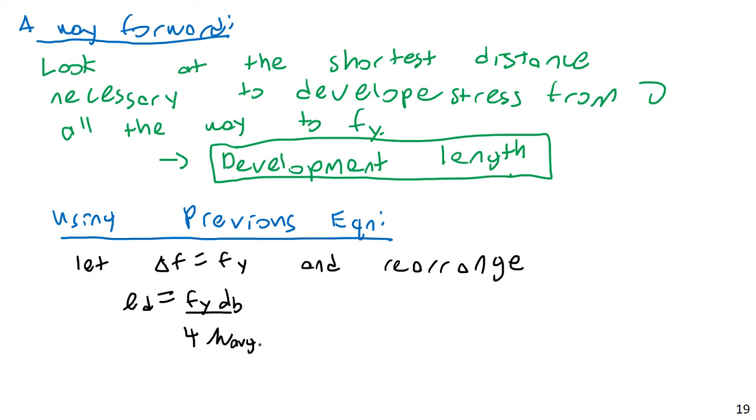Where mu average ultimate is the average ultimate value of the bond failure stress.